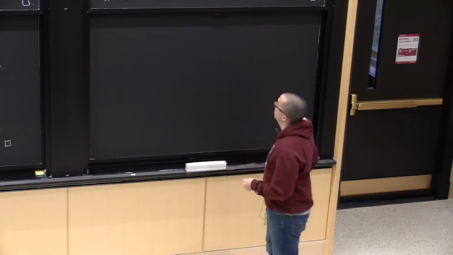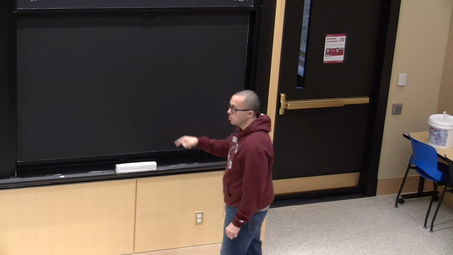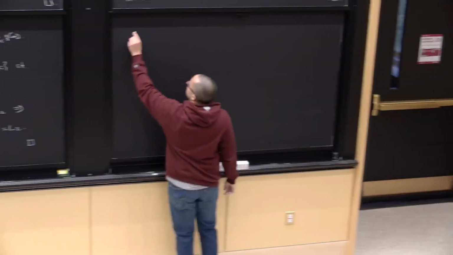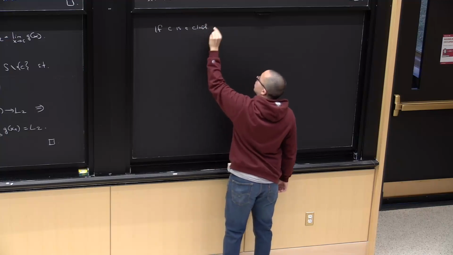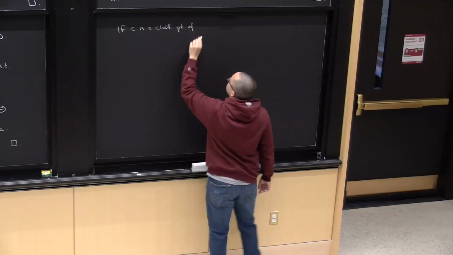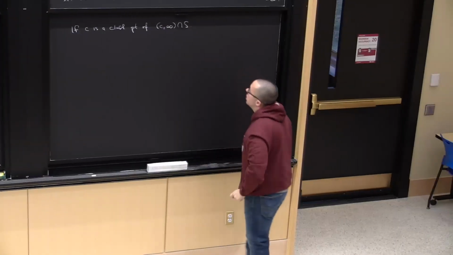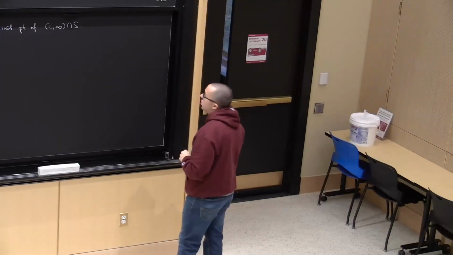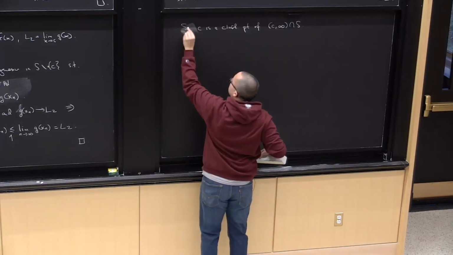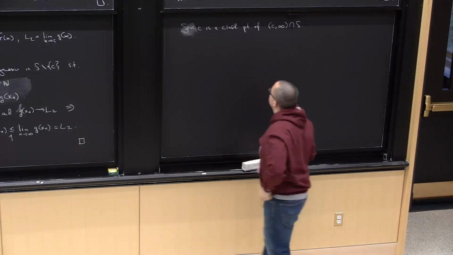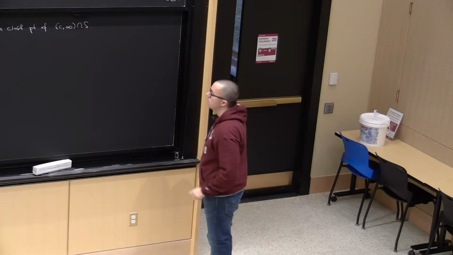And then we have an analogous definition for taking a limit of a function as x goes to c from the right. Suppose c is a cluster point of (c, infinity) intersect S, now just taking S that's to the right of c.